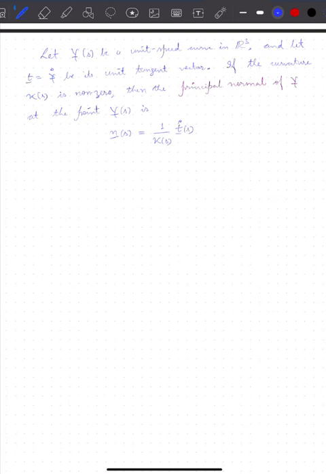And the question is, okay, how do you define it? It's a slight digression, but we do require it to understand this. Since gamma vector is a unit speed curve, this implies that the tangent vector has norm 1. If we square it on both sides, we have gamma dot dotted with gamma dot is equal to 1.